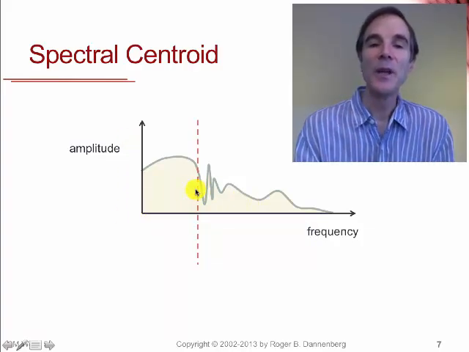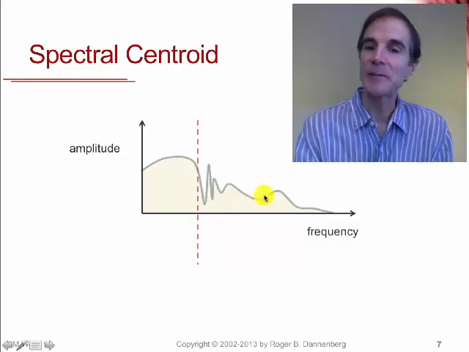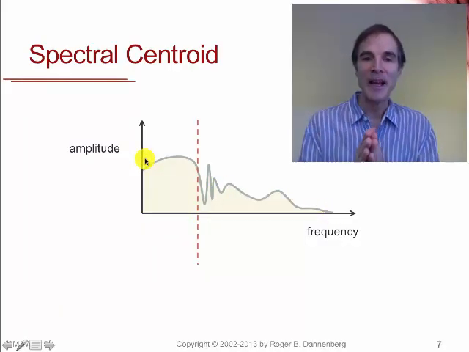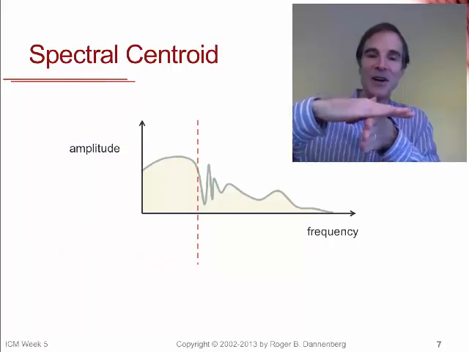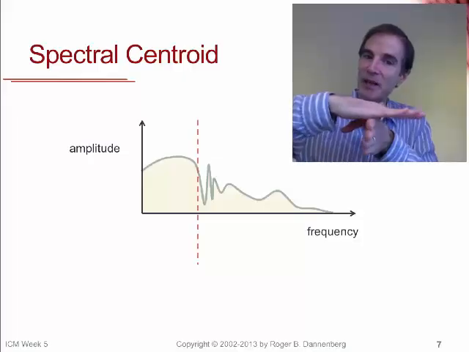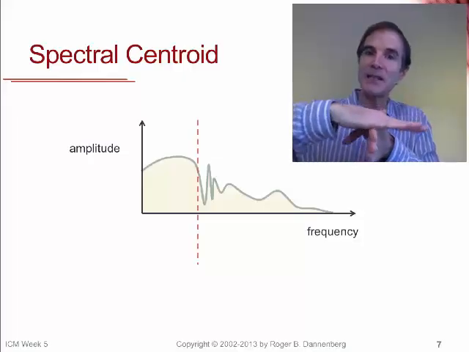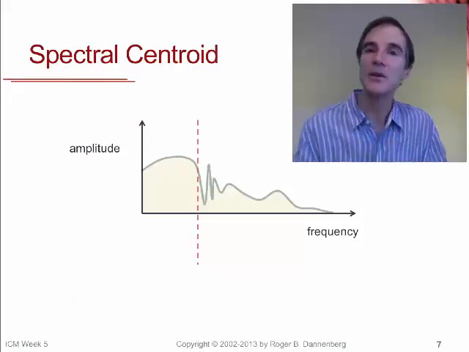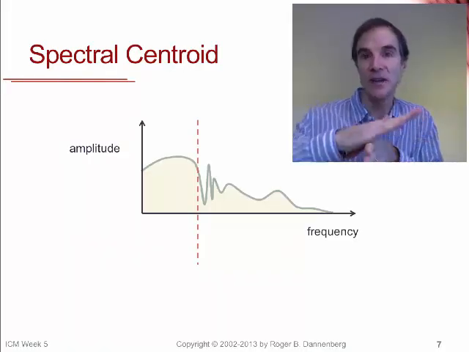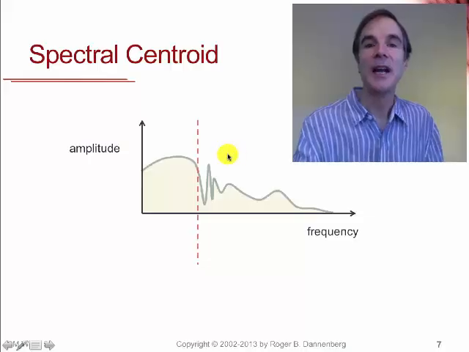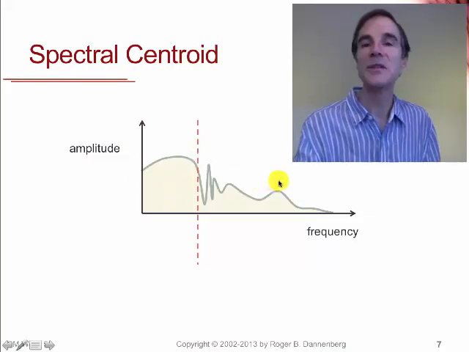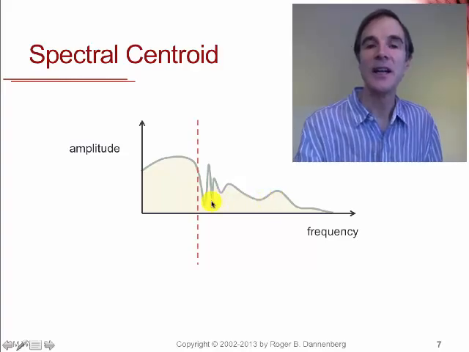And if we could cut this shape out on a piece of uniform cardboard and try to balance it on a ruler, and we find the frequency point at which this whole shape balances, that would be the spectral centroid. So that's what this weighted average is doing. It's actually finding the balance point. And if it's balanced, that means there's kind of equal amount of low frequency to high frequency energy.